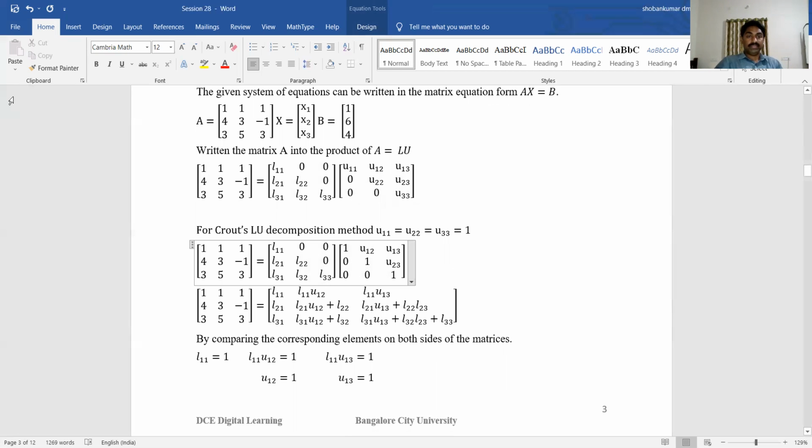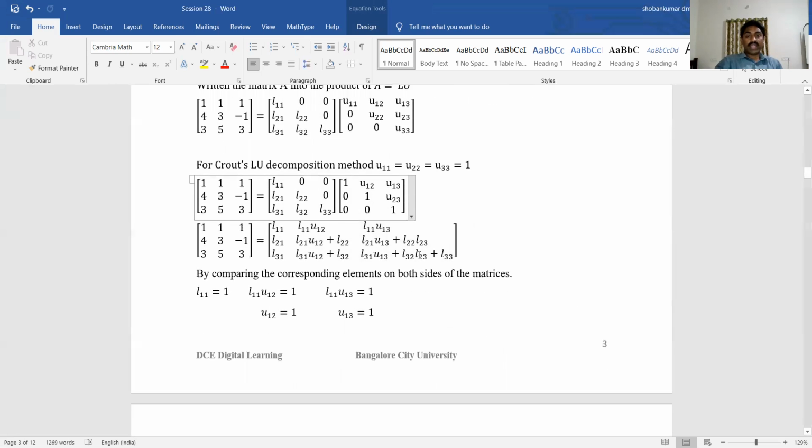Now in the right hand side, take the product L into U. First row into first column, L11 into 1.